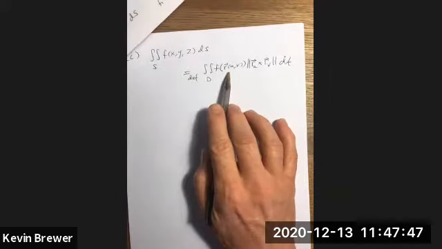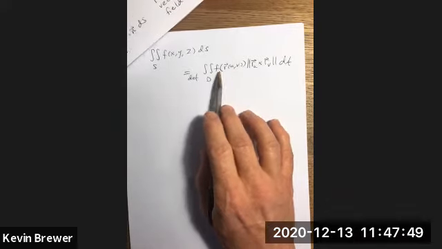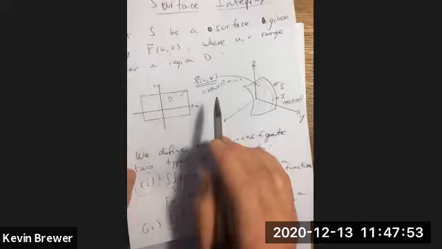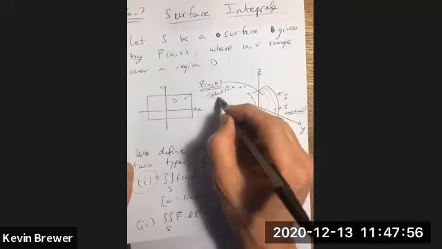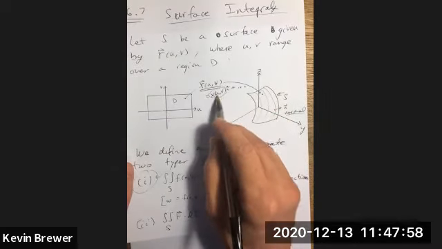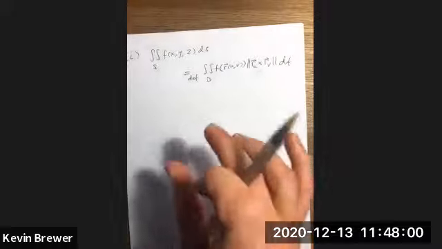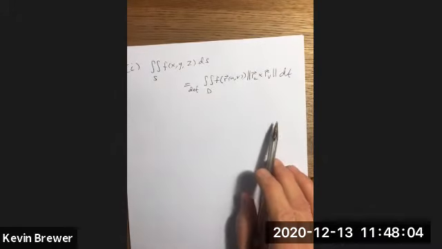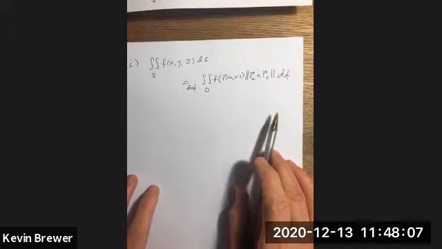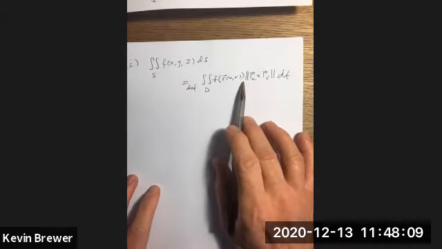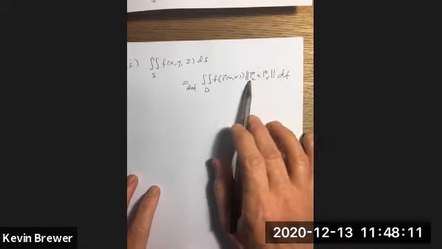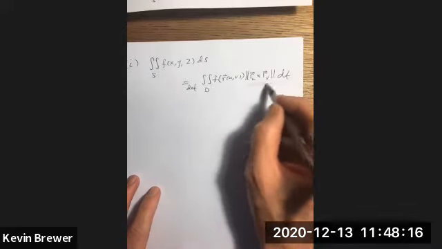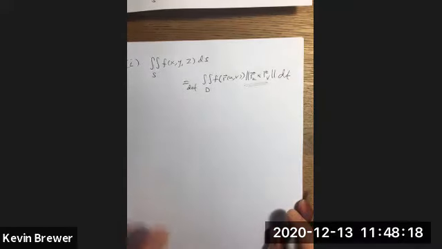And so what you do here is everywhere in f that you see x, you replace x with x as a function of u and v. And you go in and do similar things for y and z. You multiply that by the magnitude of the cross product, r_u cross r_v. We ran into this in section 16.6.